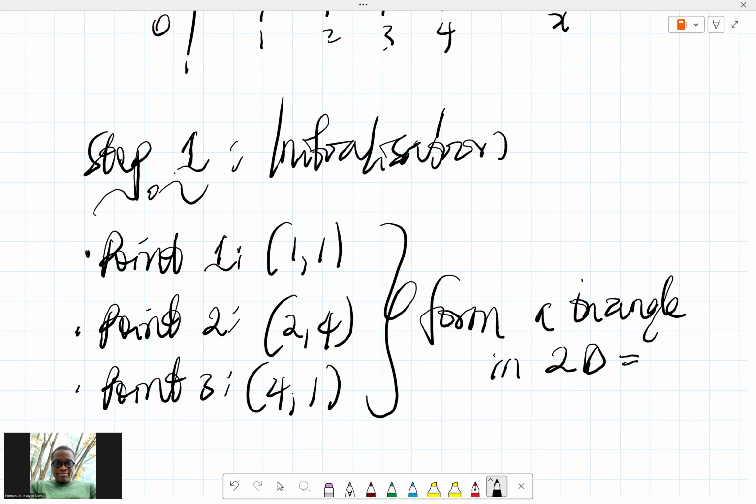Don't forget the objective function is x minus 3 squared plus y minus 2 squared. So for f of 1, 1, we have 1 minus 3 squared plus 1 minus 2 squared. 1 minus 3 is minus 2, minus 2 squared is 4. 1 minus 2 is minus 1, minus 1 squared is 1. So this gives 5 straight up.